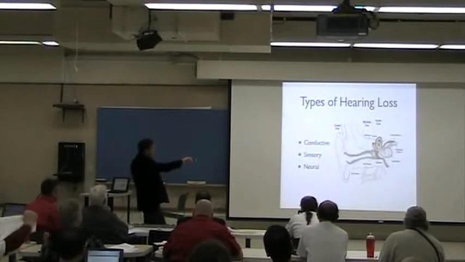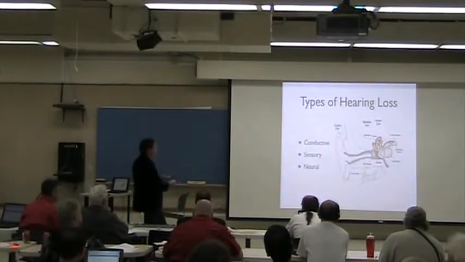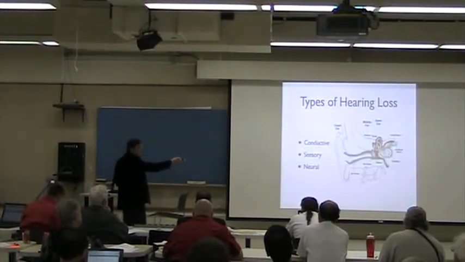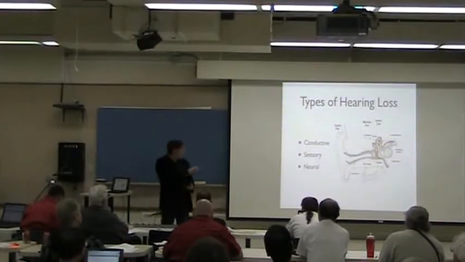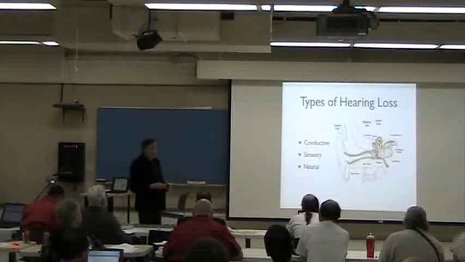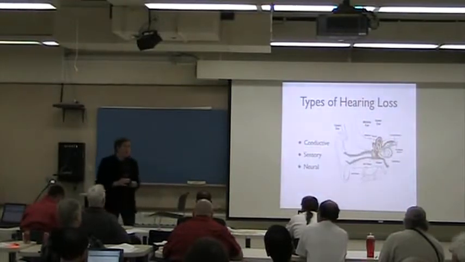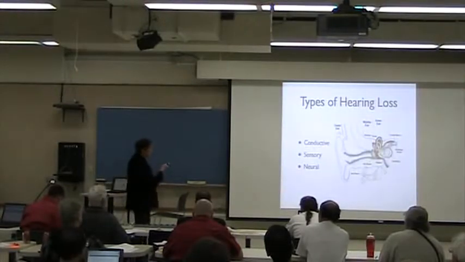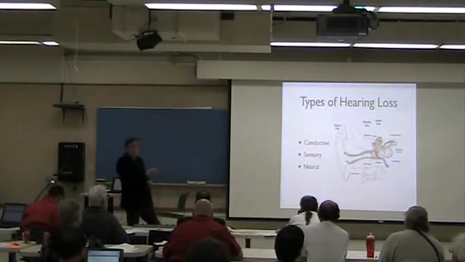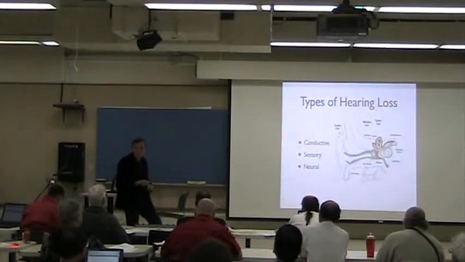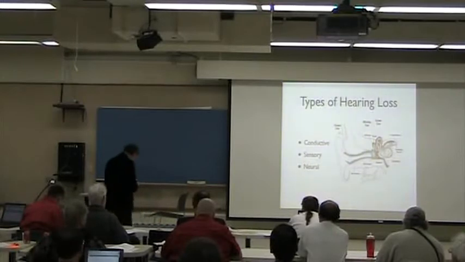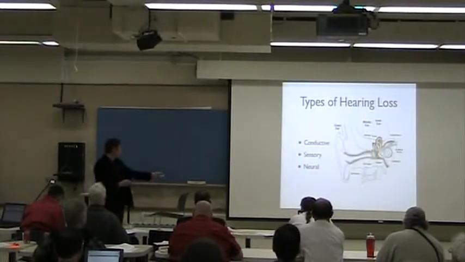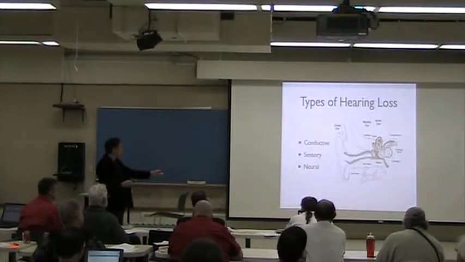If the cochlea is damaged, you've got sensory hearing loss. And if your nerve is damaged, we deal with neural hearing loss. In today's presentation, we deal with sensory hearing loss, when your cochlea, or analog to digital converter, is damaged. So we look closer at the cochlea.